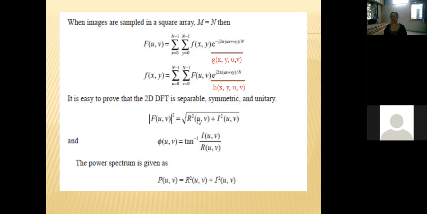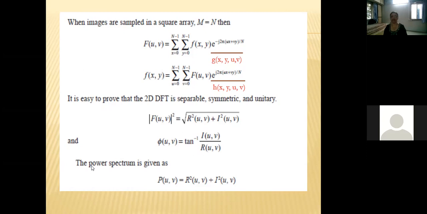And like the one-dimensional transform, we can compute the magnitude of F(u,v) and we can compute the angle phi(u,v) as given by these two equations. The magnitude of the Fourier transform is obtained by the square root of R squared(u,v) plus I squared(u,v), and the angle phi(u,v) is obtained by tan inverse of I(u,v) divided by R(u,v), where I represents the imaginary component and R represents the real component.